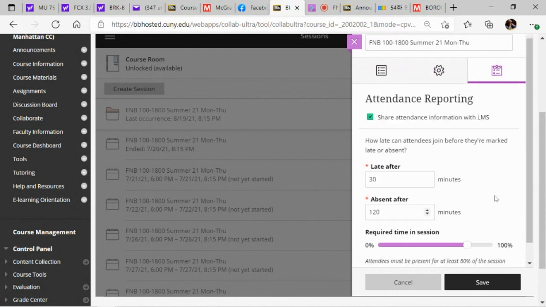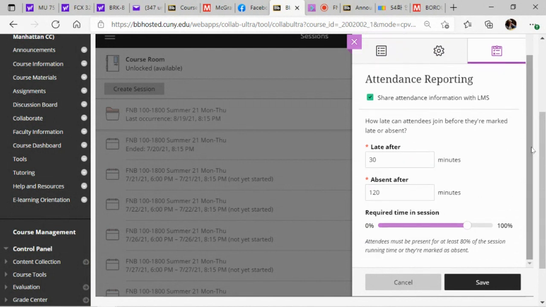But in the past, I didn't even look at this feature. And you're looking at the Blackboard setup. You're looking at the Collaborate setup too, right? You're looking at the same thing.